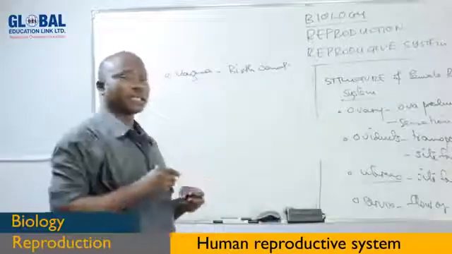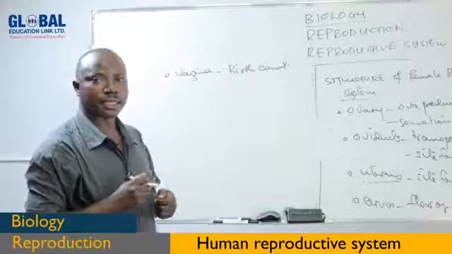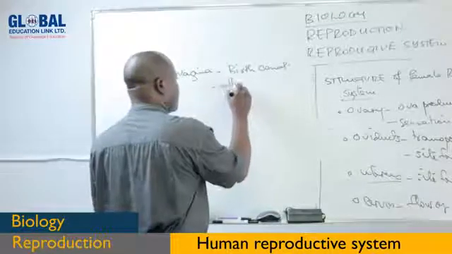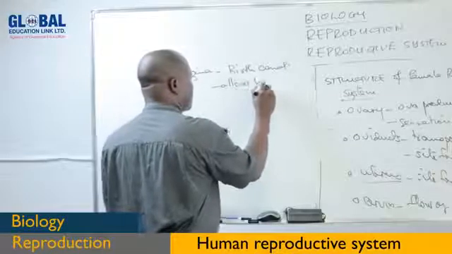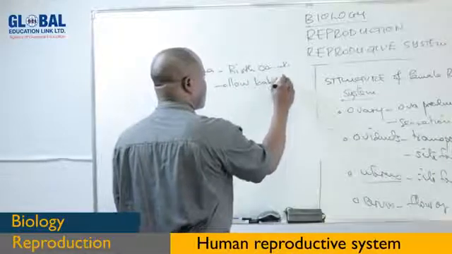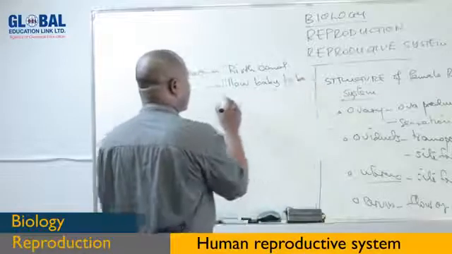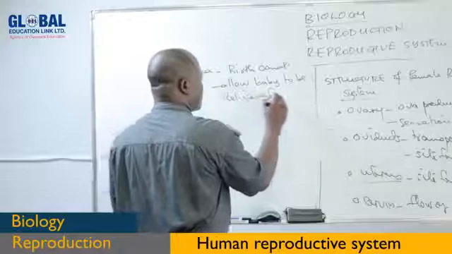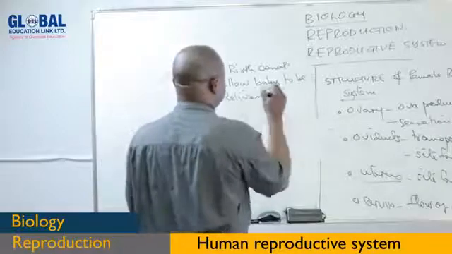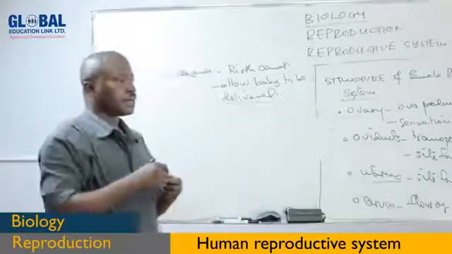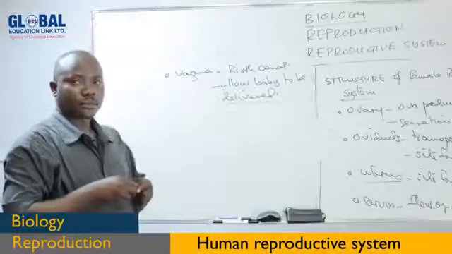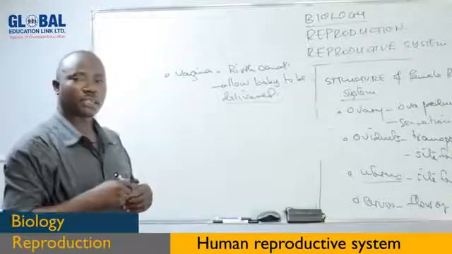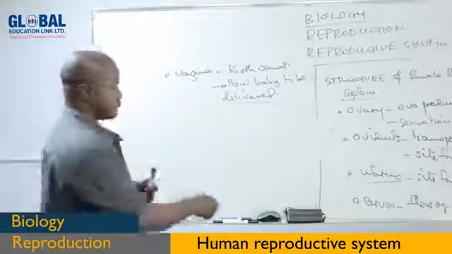It is the canal that allows the baby to be delivered out. These are the major female reproductive parts, and these are the functions of each part.